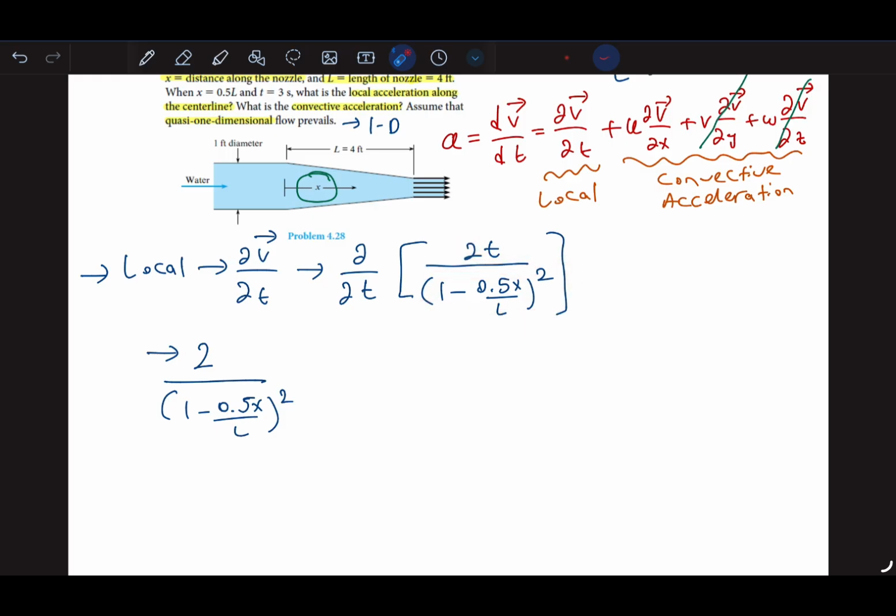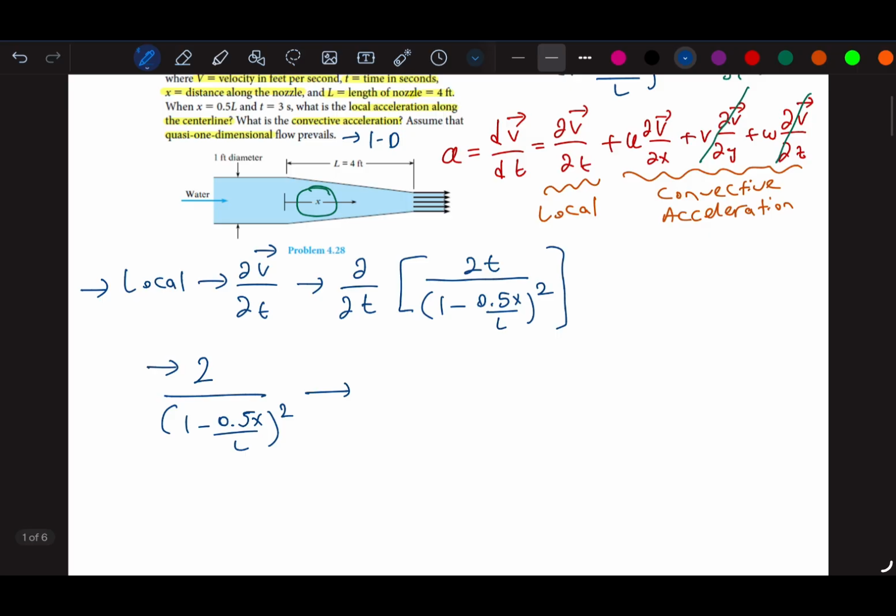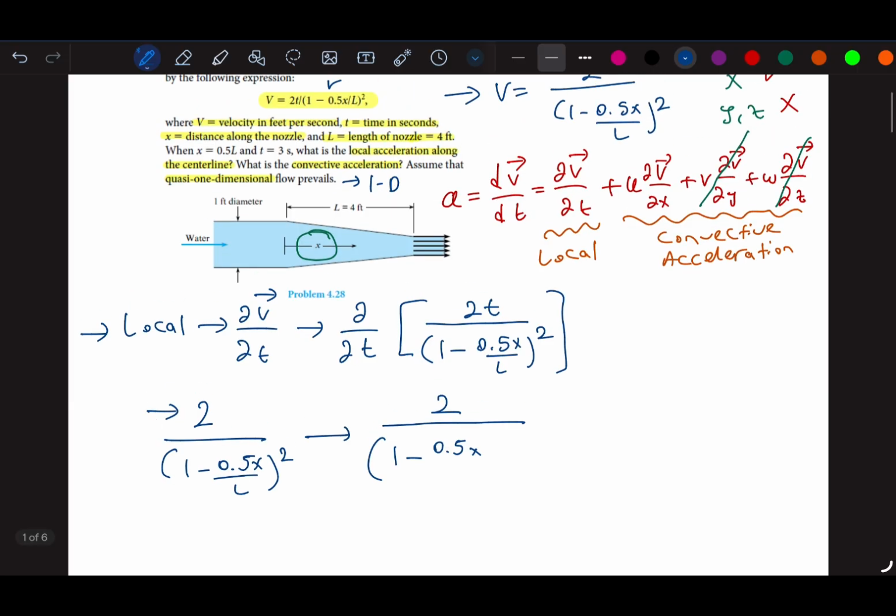So we can directly use this part as the derivative of this entire definition. So this is the derivative of velocity for t. And from here, we can substitute what we have. So we have 2, we have 1 minus 0.5, and if you look at the question, we have x, which is equal to 0.5 L. So we have 0.5 L over L squared.